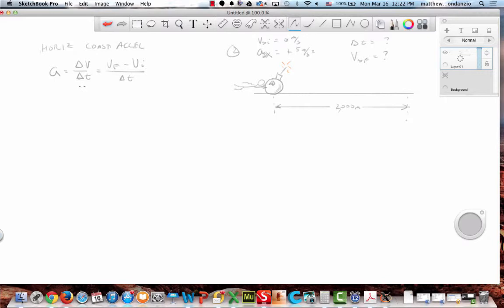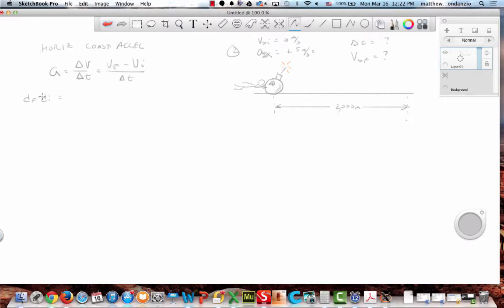Okay. So what's my other equation for constant acceleration? Change in distance equals half of the acceleration times... So, how do I do change in distance? Final distance minus distance initial.